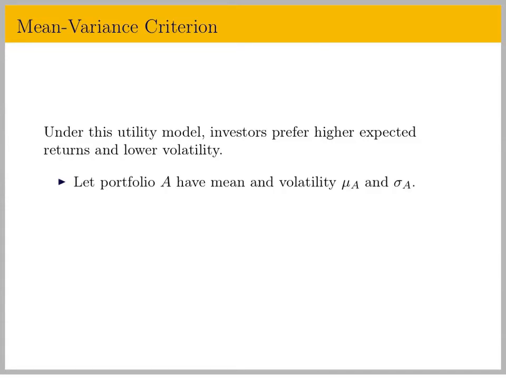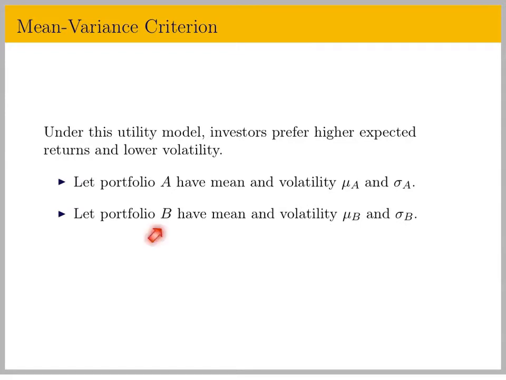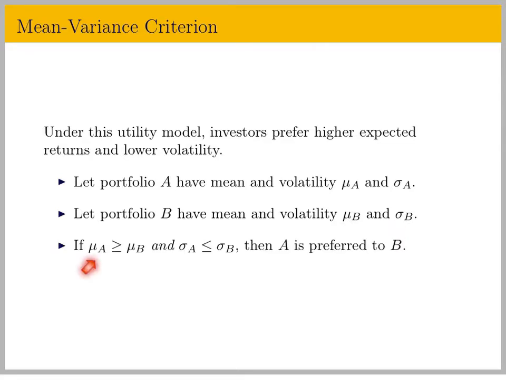So if we say that portfolio A has mean mu sub A and volatility sigma sub A, and similarly that there's a portfolio B with some mean mu sub B and volatility sigma sub B, then if the expected return of A is greater than the expected return of B, and if the volatility of A is lower than that of B, then A must be preferred to B. That is, you're not only getting more expected return, but you have less variability in the portfolio of A. So A strictly dominates B as a portfolio. You would never want to choose B over A.